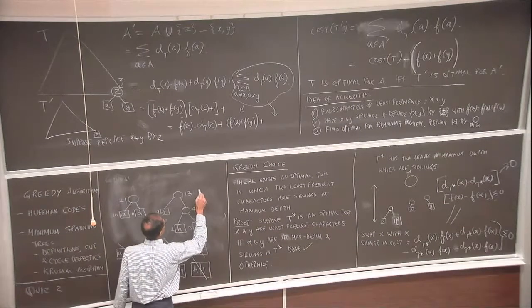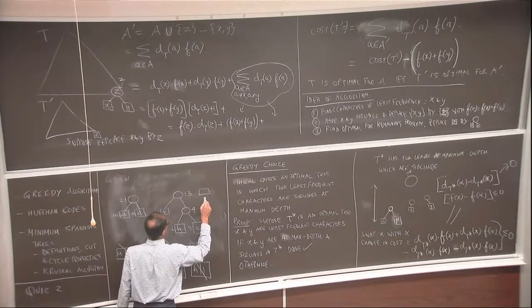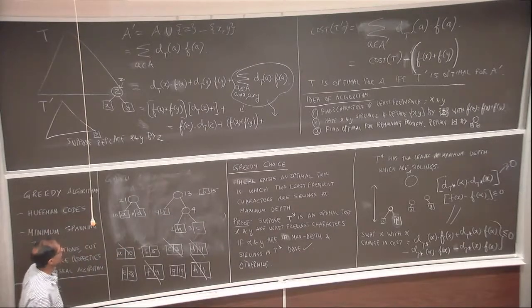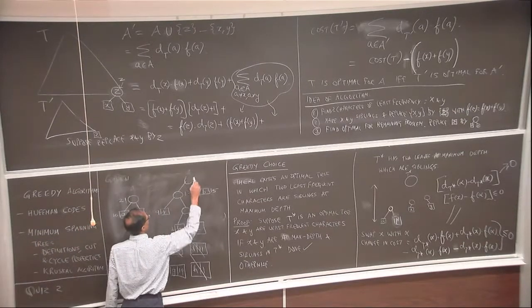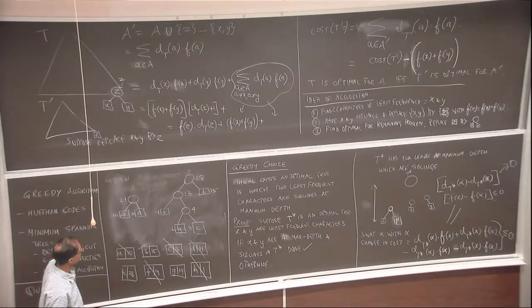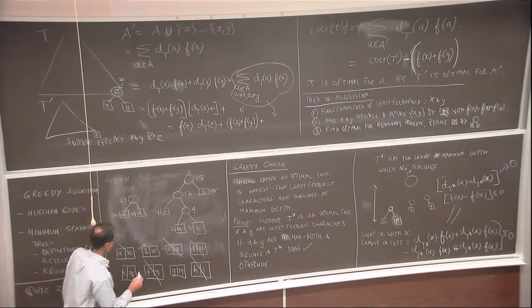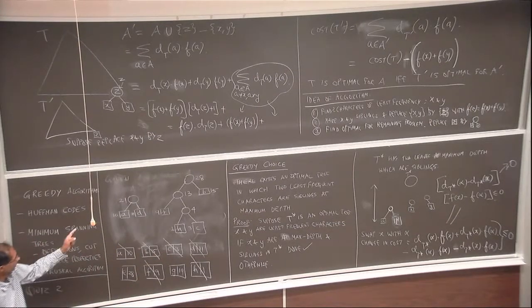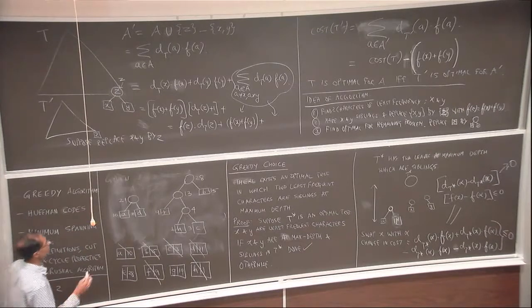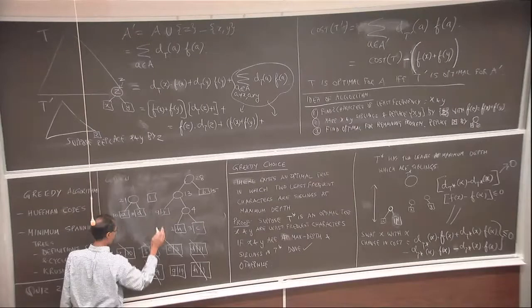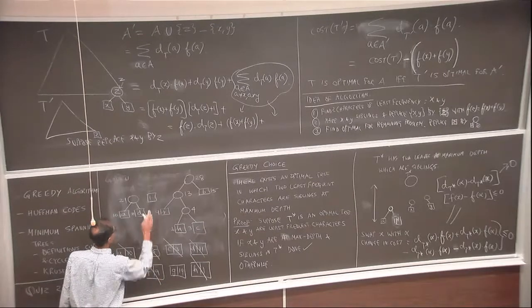So 15 is here. And you introduce a new character of frequency 28. What's the next two minimum? 21 and 19. 19 is G.